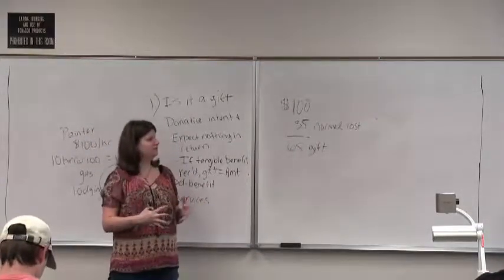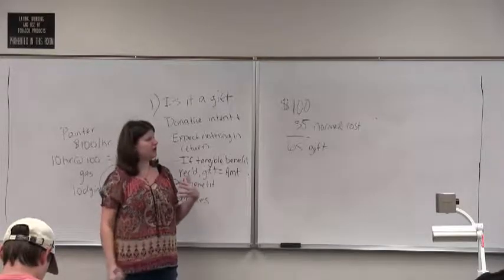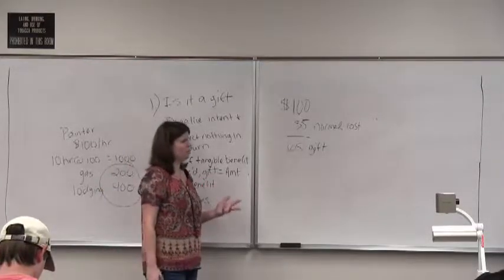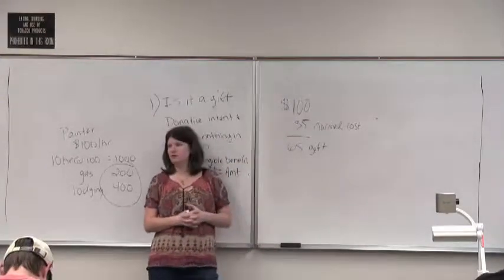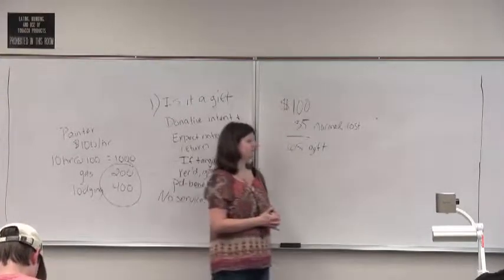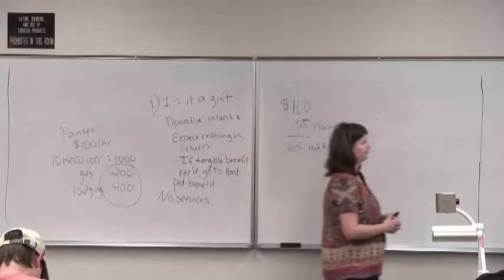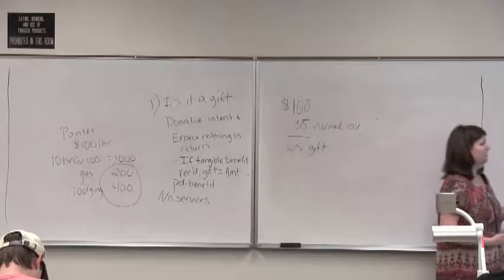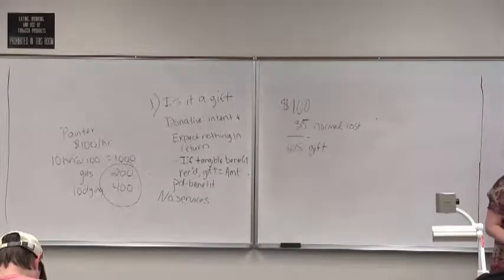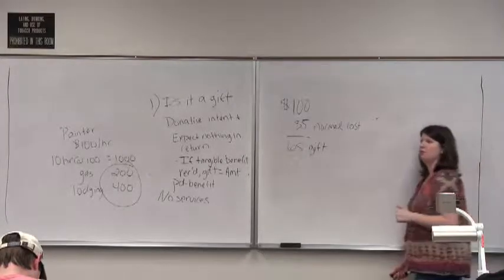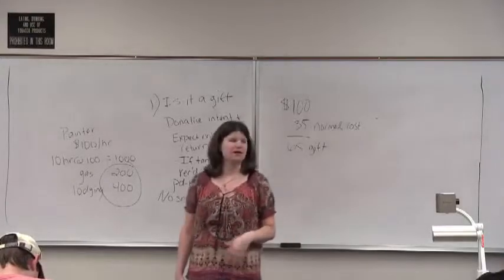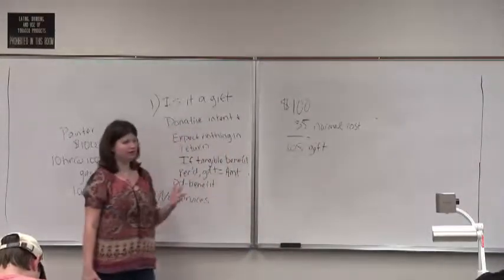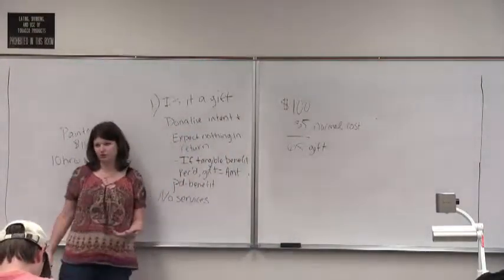They're not deducted. Dues to country clubs, lodges, other types of groups. The cost of tuition, that's not a charitable contribution. If you let your church use your property as a parsonage and they don't pay you rent, that is also not considered to be a deductible charitable contribution.